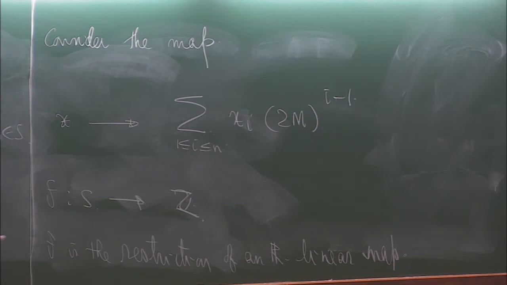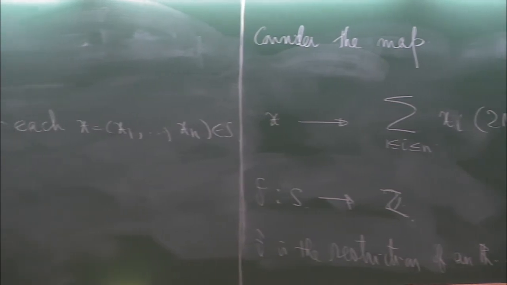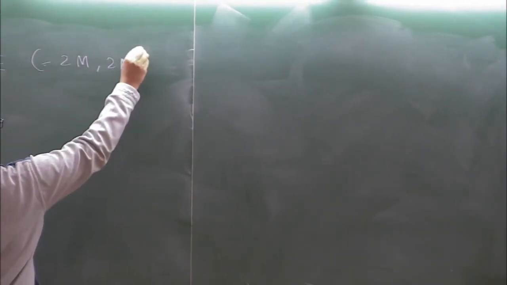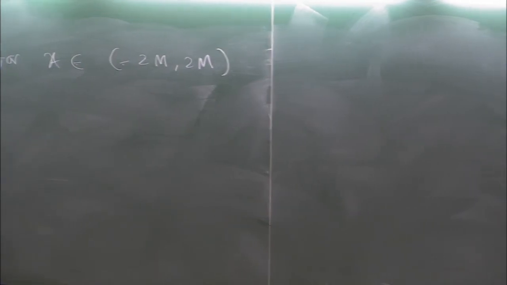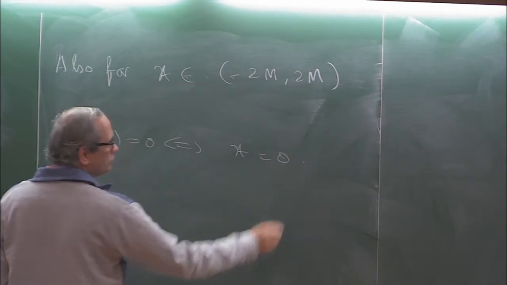Also, we have the main point here: for x in minus 2m to 2m to the power n, f of x is 0 is equivalent to x is 0.